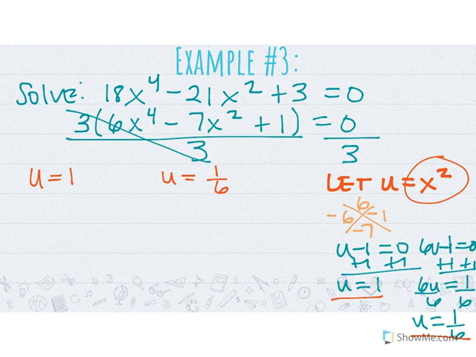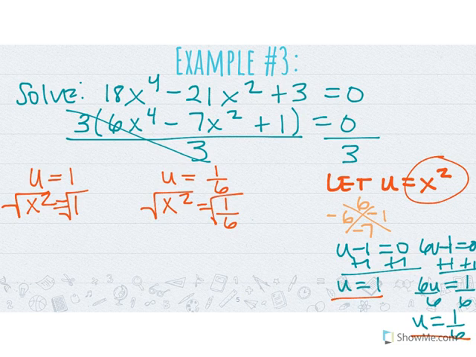I'm going to plug in that x squared back into my u. You always have to plug it in at the end. So I have x squared equaling 1 and x squared equaling 1/6. Now our x is not by itself again. In order to get rid of this exponent of 2, the reciprocal is actually square rooting both sides of our equation here.